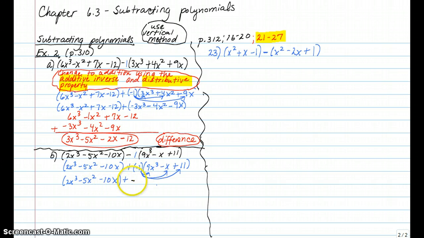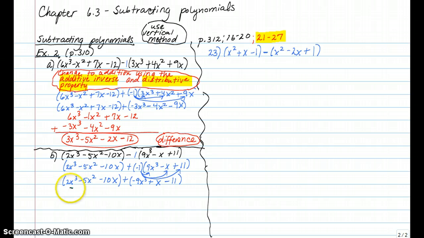Negative 1 times 9x cubed is negative 9x cubed. Negative 1 times negative x, or negative 1x, is plus x. Negative 1 times positive 11 is negative 11. So, now that it's an addition problem, we're back to exactly what we did in the previous recording.